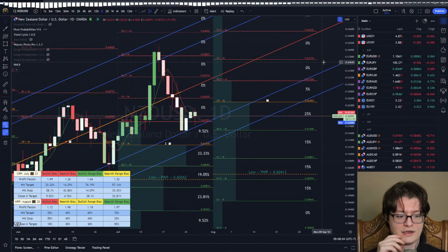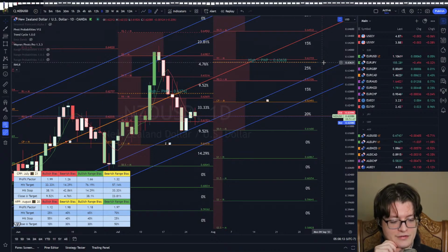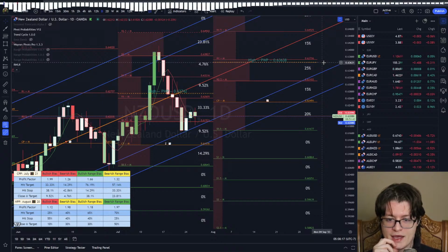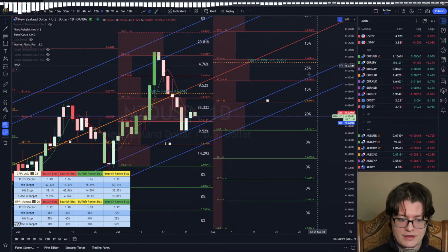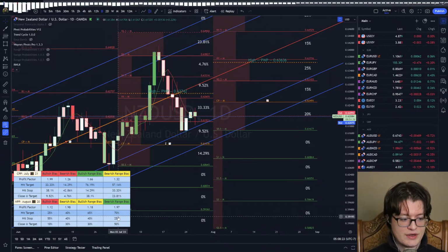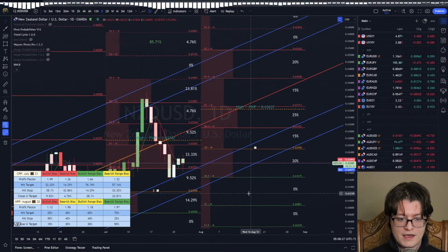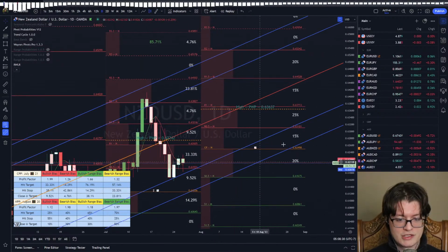How about our high odds? I can just look at the dashboard in the bottom left there, and the only strategy that flashes green is the bearish range bias. And that's effectively saying the only strategy that has the best win-loss, and not only that, but also the best profit factor, is the bearish range bias setup.